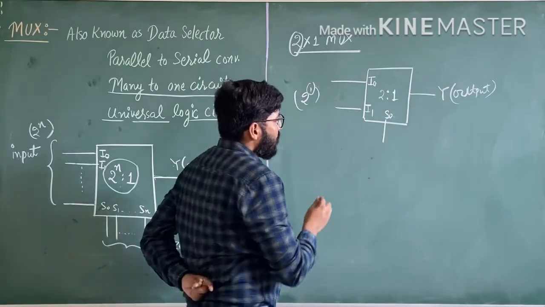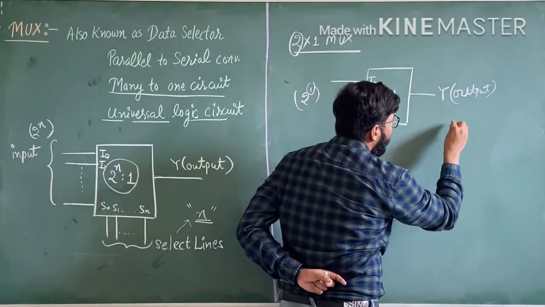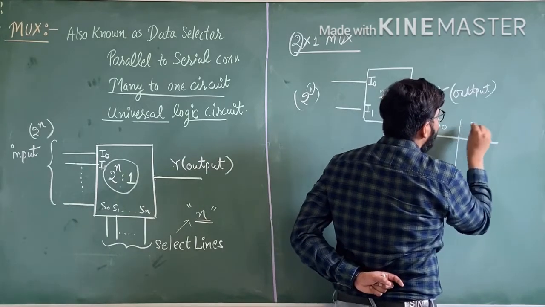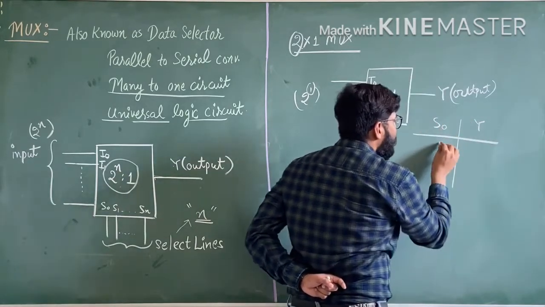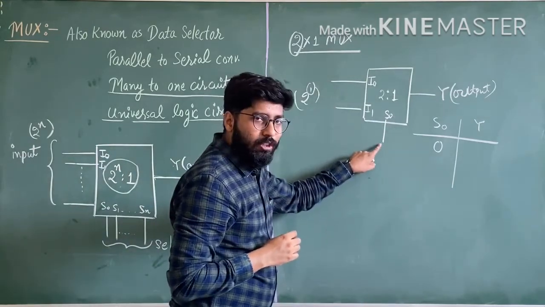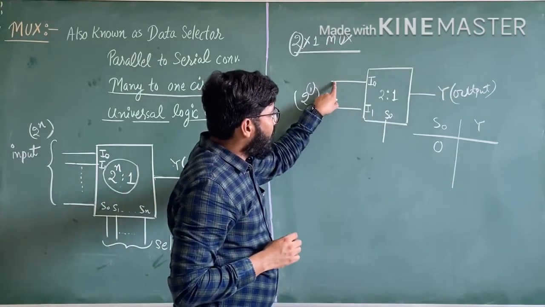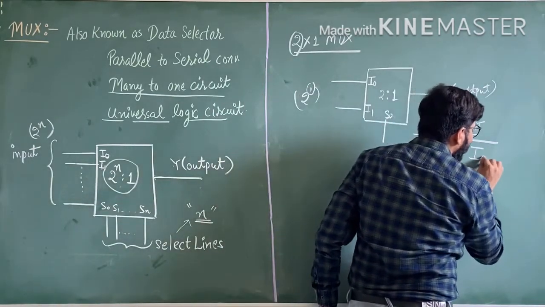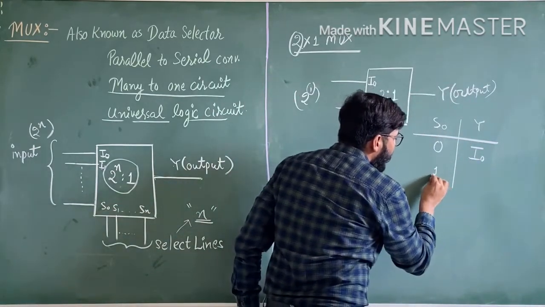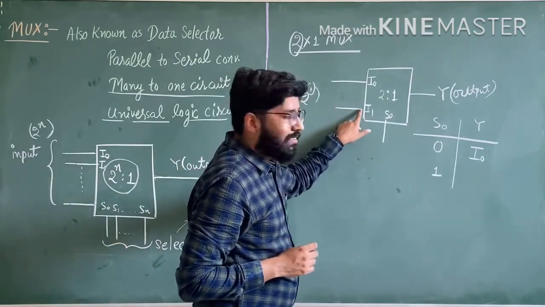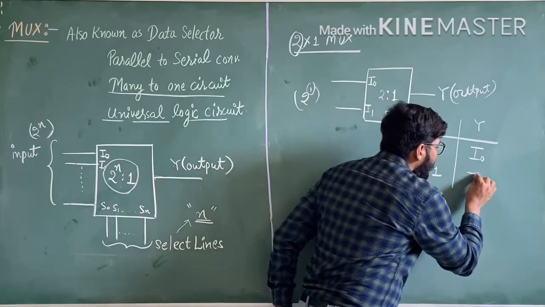Suppose we develop a table, with select line S0 and output Y. If the select line is 0, the multiplexer passes I0, so we get the output I0. If the select line is logic 1, the multiplexer passes I1, so we get the output I1.